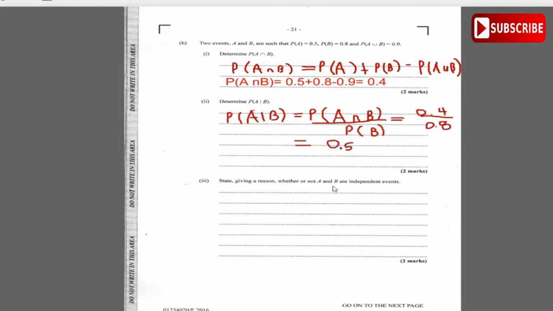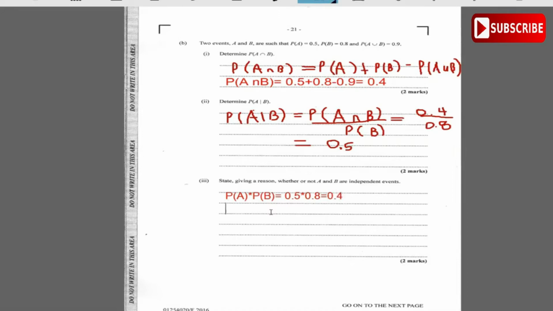Next, state, giving a reason, if A and B are independent, yes or no. They are independent if the probability of A times the probability of B is equal to the probability of A intersect B. So let's work it out. The probability of A is 0.5 times the probability of B of 0.8, which is equal to 0.4.